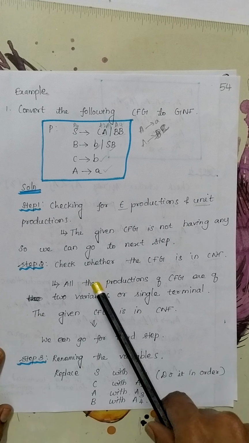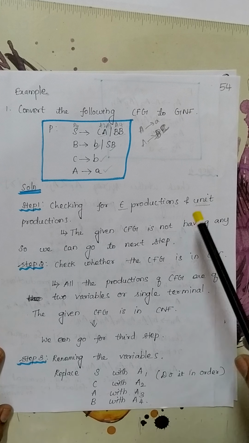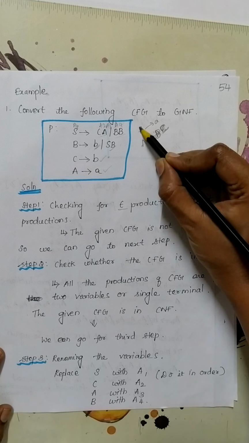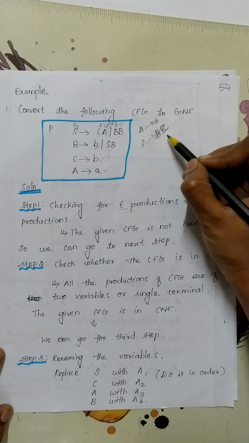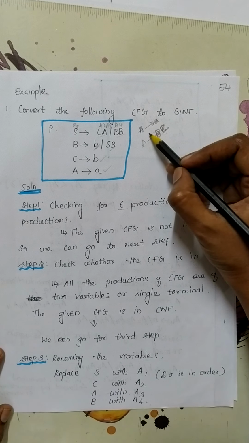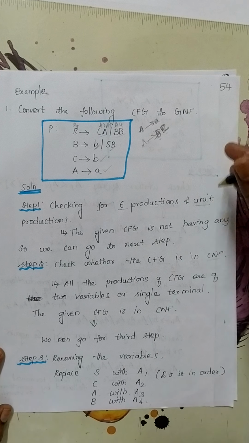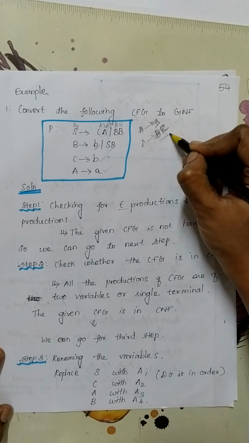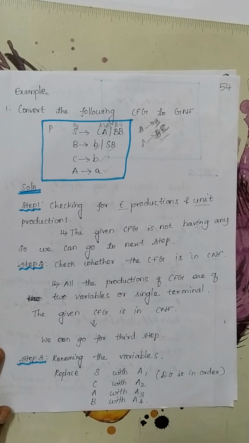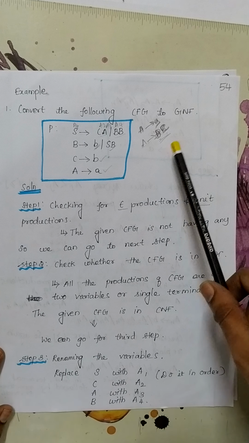The second step is to check whether the context-free grammar is in CNF. We know the format for a grammar to be in CNF: it should be A gives a, that is a single terminal, or A gives BC, that is a set of two variables. If every production has a single terminal or two variables, it is said to be in Chomsky normal form.